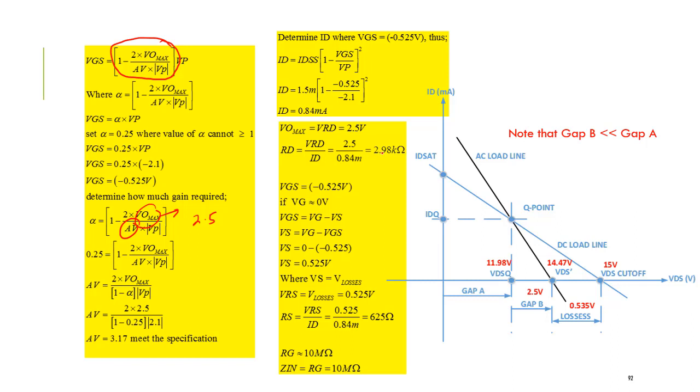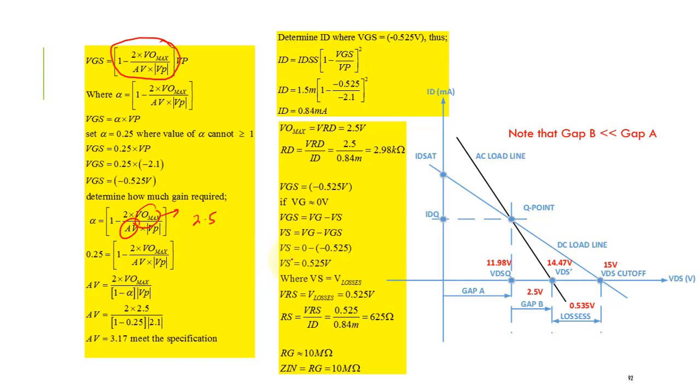We get around 2.98, and here we know that this one is the self bias, where the current in our gate region is around 0. So we get the VG around 0, so VGS equal to VG subtract the VS, and we have the VS here around 0.525 volt.